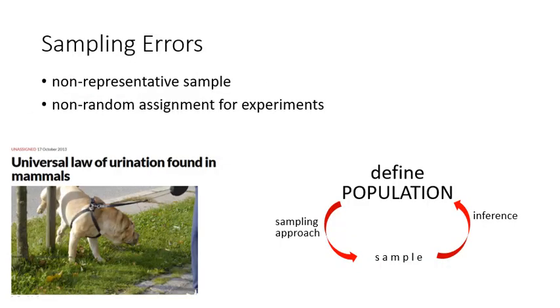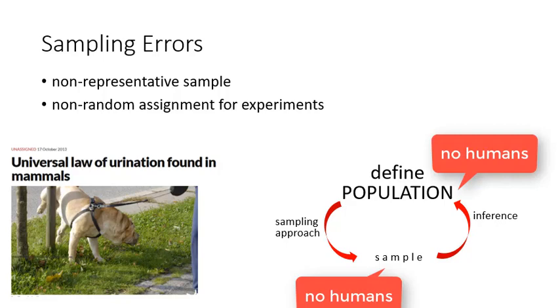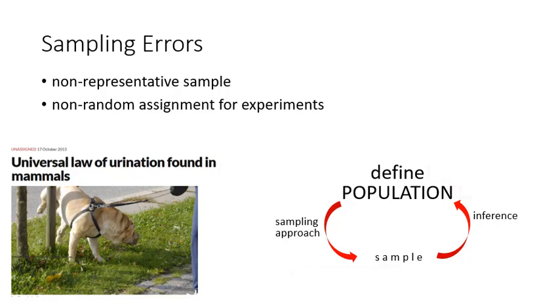This study actually had two massive sampling errors related to non-representative samples. First, they didn't include humans in their study. If your sample does not include humans, you cannot apply your findings back to humans. Second, something like 70% of mammals are rodents or bats. 70%.